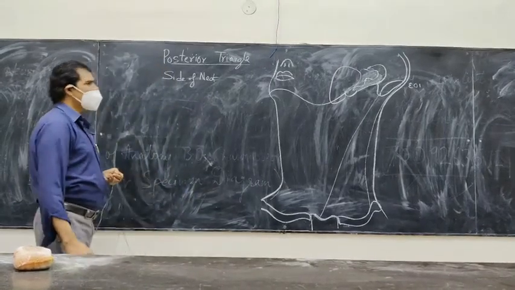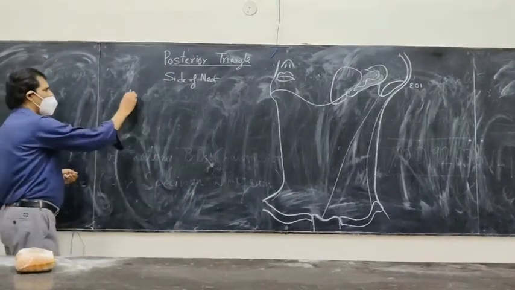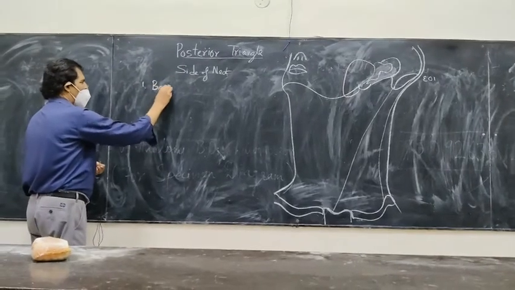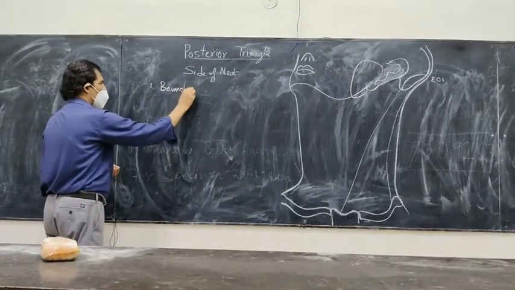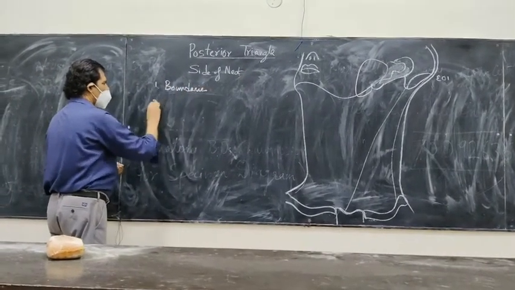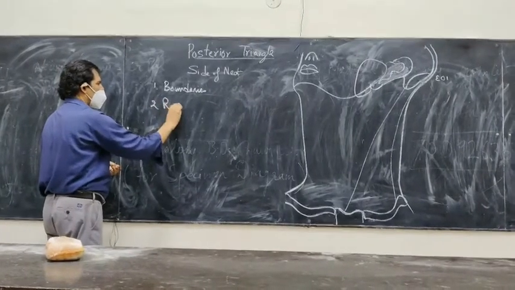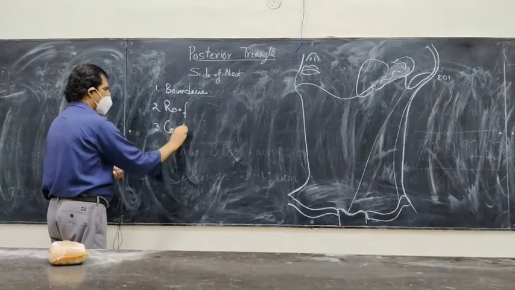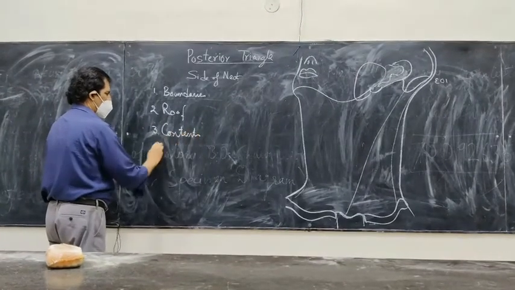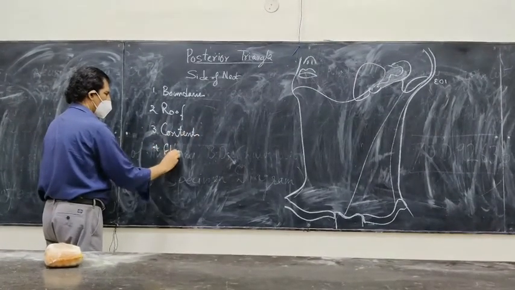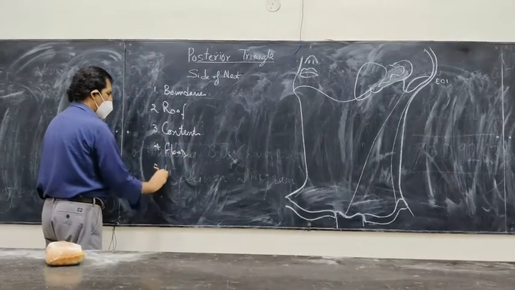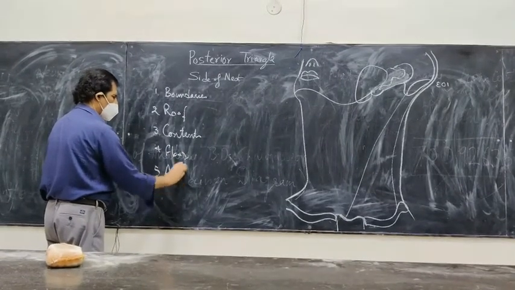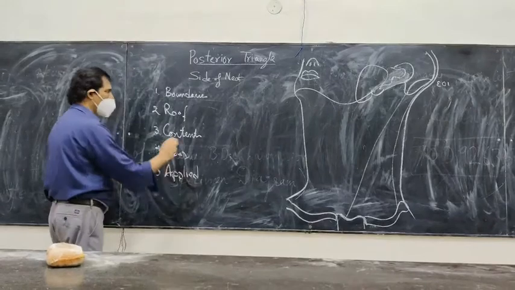So we will discuss the posterior triangle under the headings of boundaries, roof, contents, floor, and applied anatomy. We will go one by one.